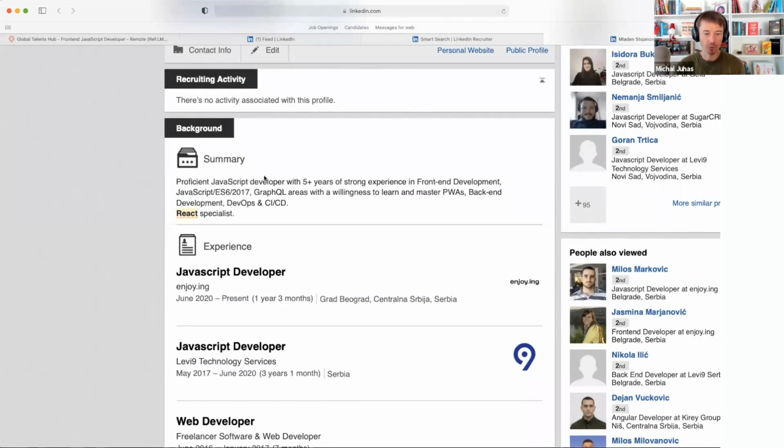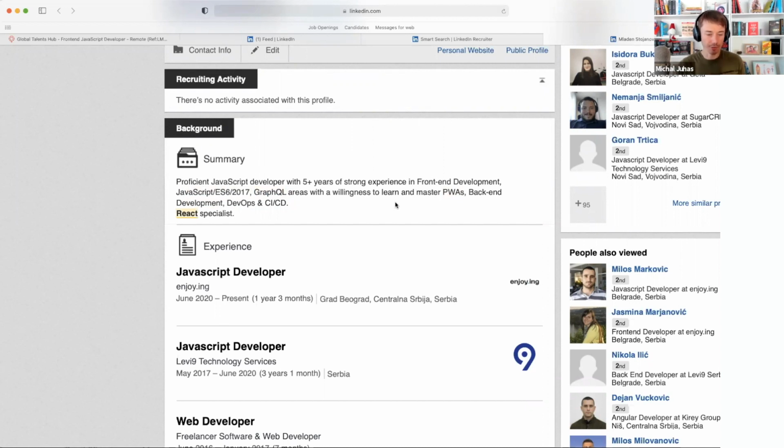Mladen, proficient JavaScript developer with 5 years experience in front-end development, JavaScript, ECMAScript 6, 2017, GraphQL, that's a database, willingness to learn, master progressive web applications, backend development, DevOps, and CI/CD. So it's interesting.